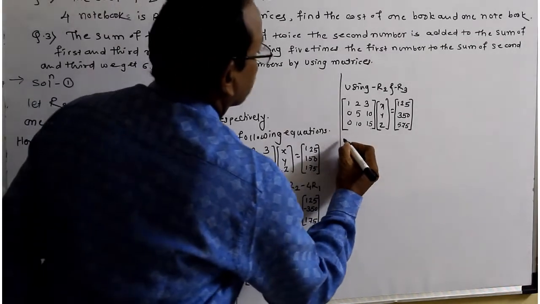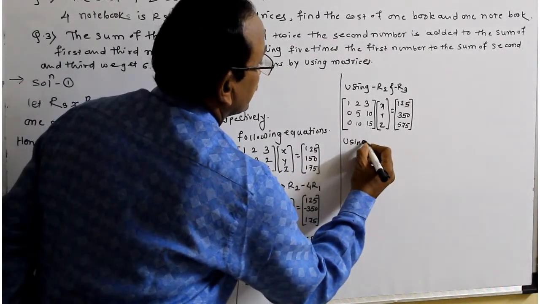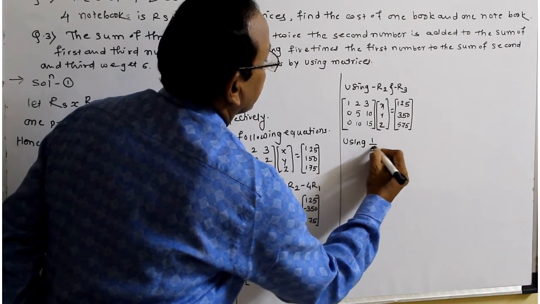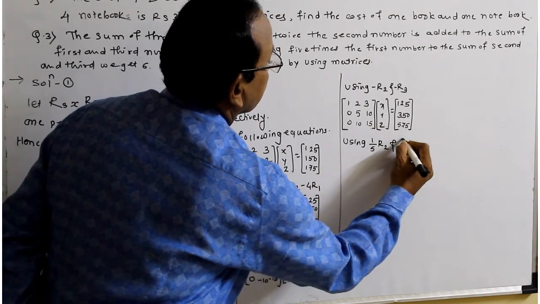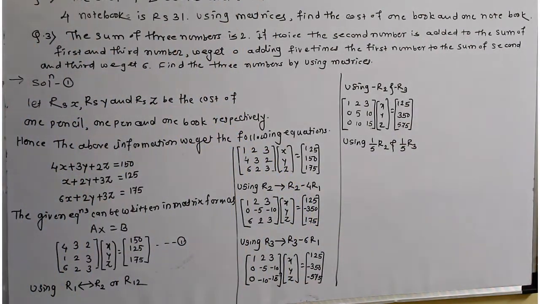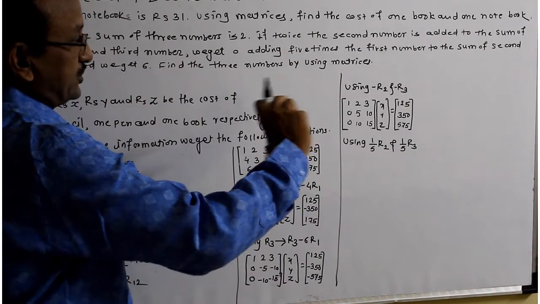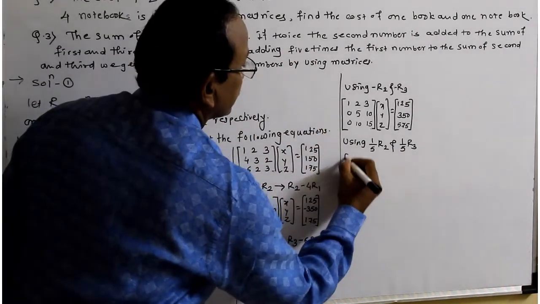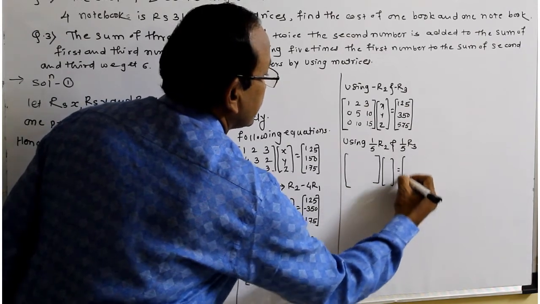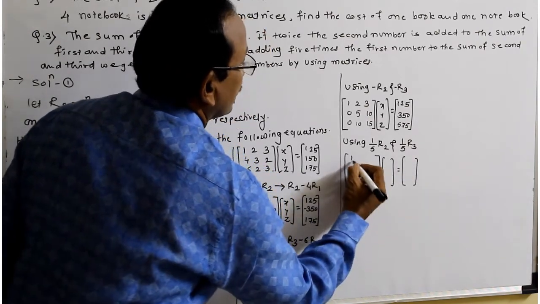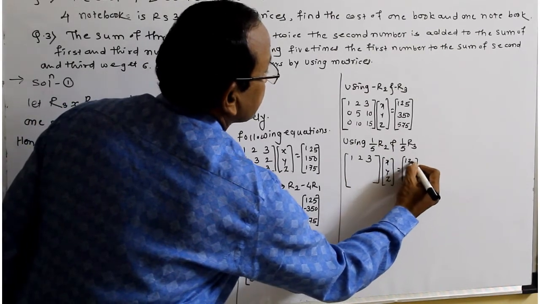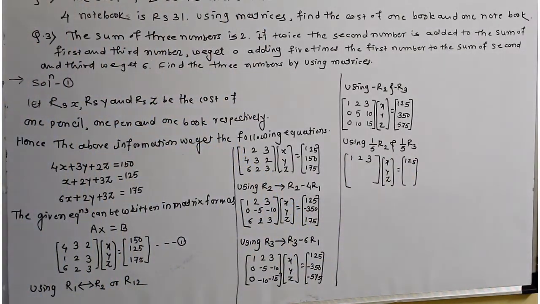Now the next operation, using 1 by 5 times R2 and 1 by 5 times R3. Means divide the second row by 5 and the third row by 5. So the matrix is equal to this matrix: 1, 2, 3, x, y, z, 125.